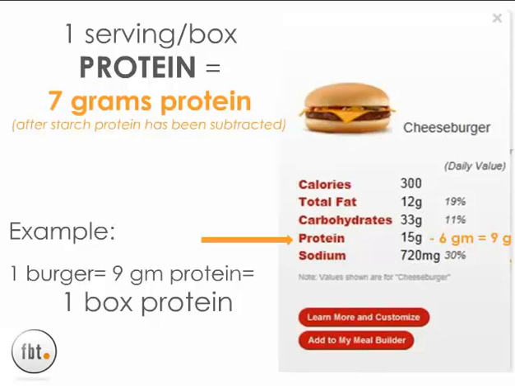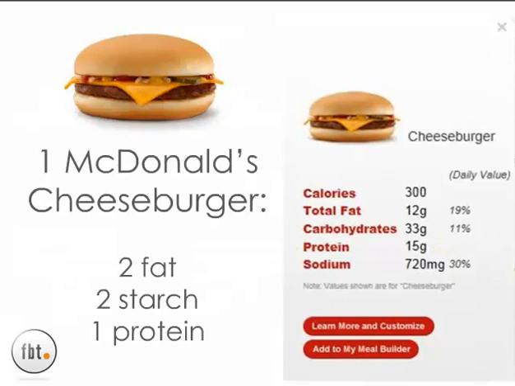When I subtract out that 6, that leaves me with 9 grams left. And 9 grams is pretty close to 7, so I'm going to go ahead and count that 9 grams as one of my protein boxes. So in summary, if I eat the McDonald's cheeseburger, that would count as 2 fat, 2 starch, and 1 protein.